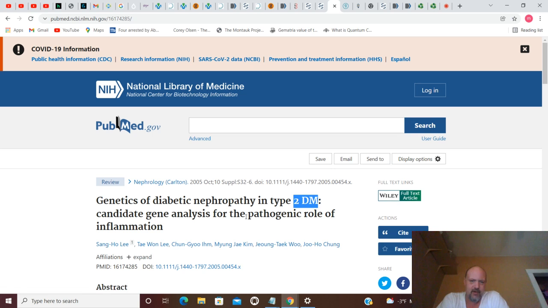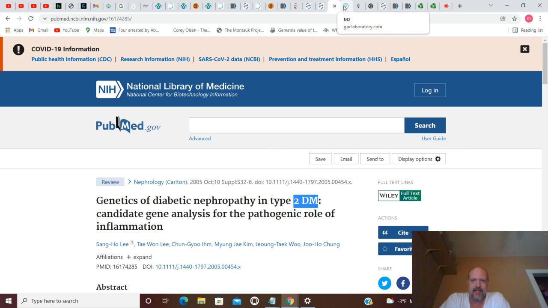Candidate gene analysis for the pathogenic role of inflammation. So this is a type of diabetes, it looks like, which is hereditary, which is genetic. So they're looking at a genetic disorder, a genetic disease here.